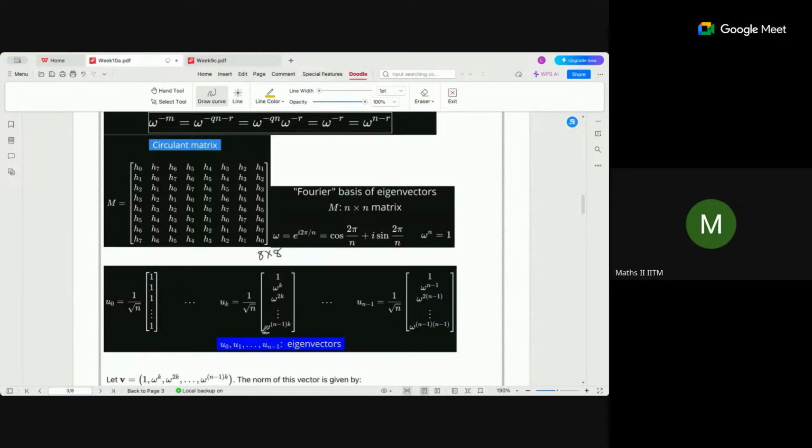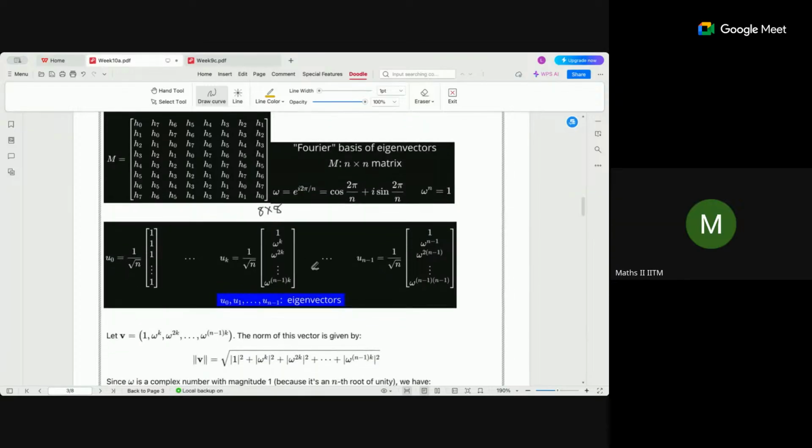For a circulant matrix, this vector 1, omega power k, omega power 2k, up to omega power n minus 1 times k is an eigenvector, and if you vary k from 0 to n minus 1, then you get all the n vectors for a circulant matrix. For example, here u0, u1, up to u n minus 1, all of these are eigenvectors.